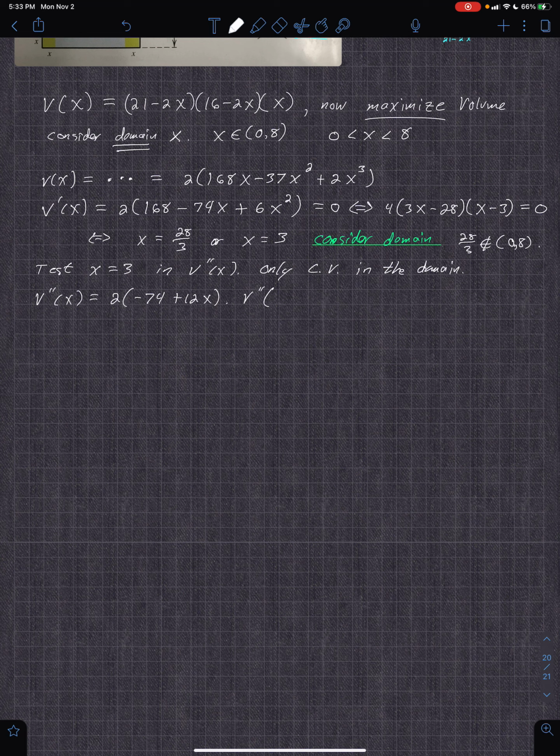So v double prime of 3 is what you're testing. You put in v double prime of 3, you get negative 74 plus 36, less than 0, so that implies a local maximum. So we were trying to maximize the volume, so that is a maximum value.